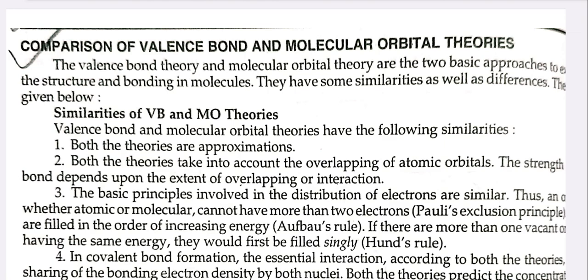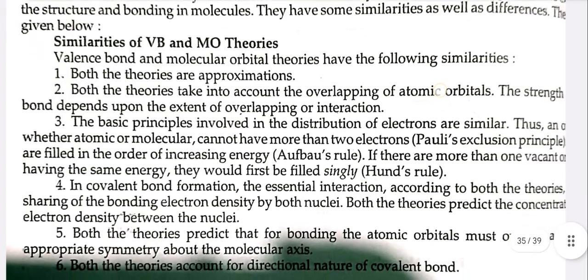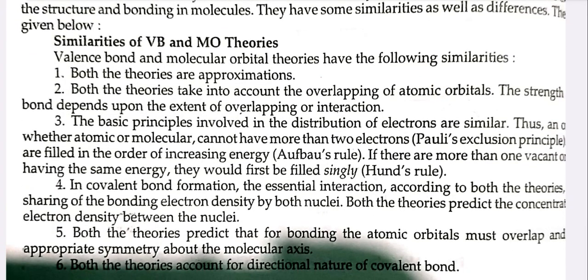Thus, an orbital, whether atomic or molecular, cannot have more than two electrons, the Pauli exclusion principle. They are filled in the order of increasing energy, the Aufbau principle, and if there is more than one vacant orbital having the same energy, they would first be filled singly, Hund's rule. In covalent bond formation, the essential interaction according to both theories is sharing of the bonding electron density by both nuclei.